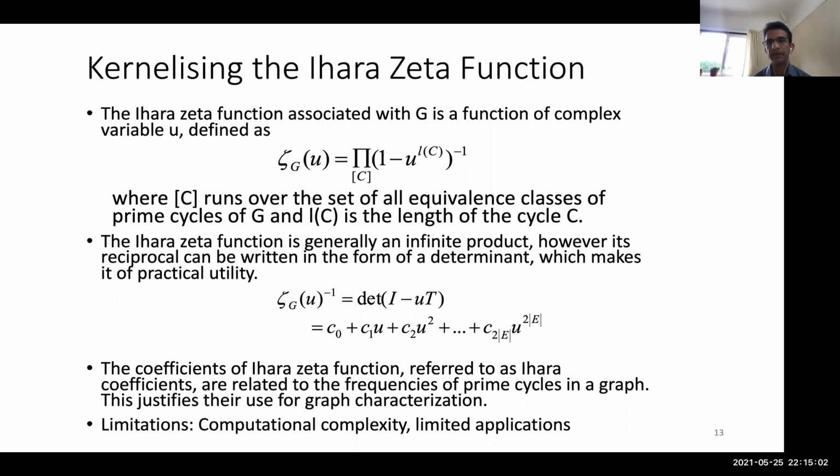And that justifies their use for characterizing cyclic graphs. But again, the limitation of the Ihara coefficients is that their computational time is very high. It generally requires cubic time in the number of edges in the graph to compute the set of all Ihara coefficients.